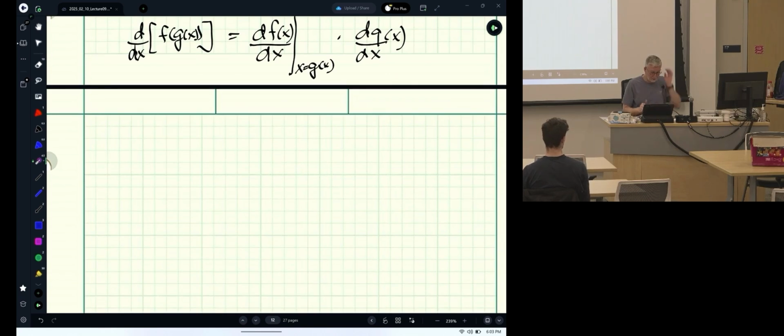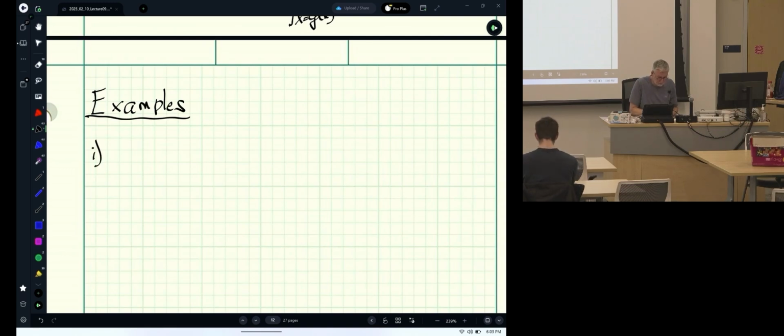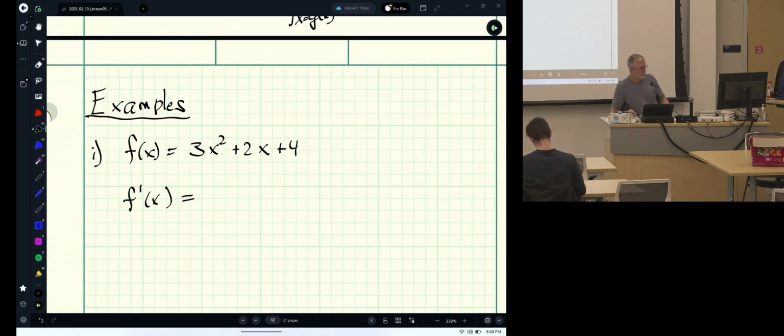Okay, so let's just do a few examples. So I don't know, just do a polynomial. So this is using two rules.